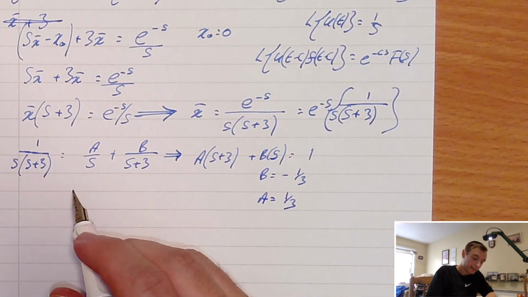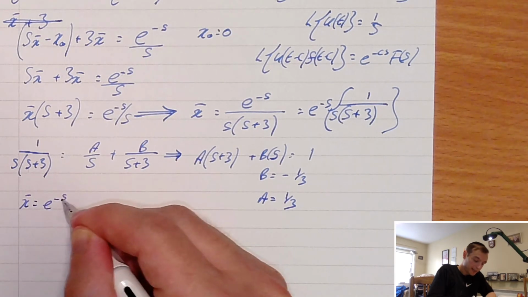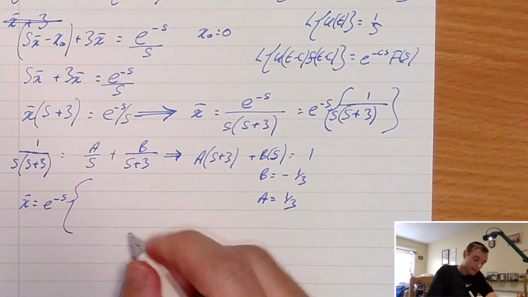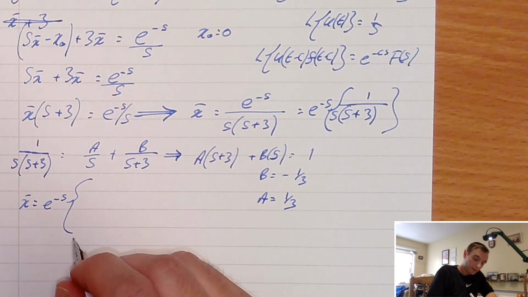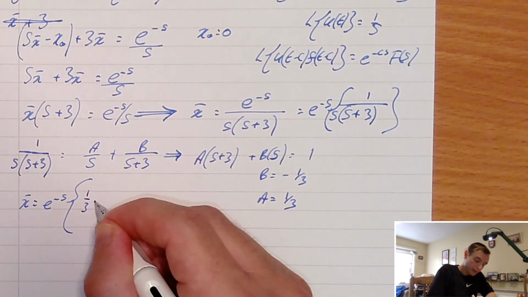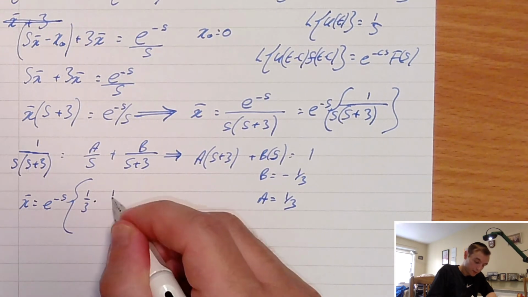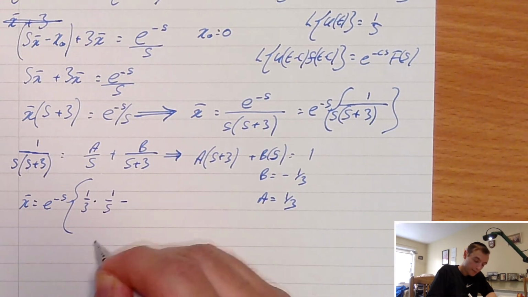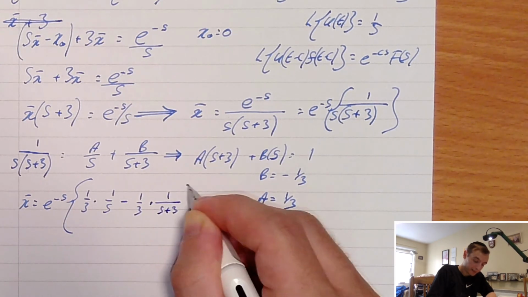So we can now say, therefore, that x bar equals e to the minus s times (one-third dot 1 on s minus 1/3 dot 1 on s plus 3).